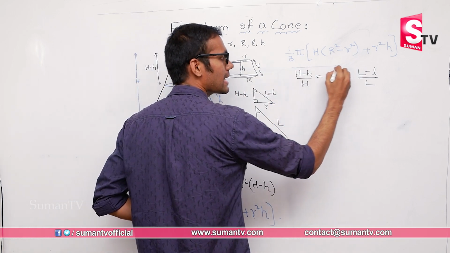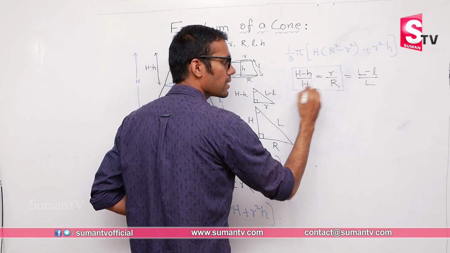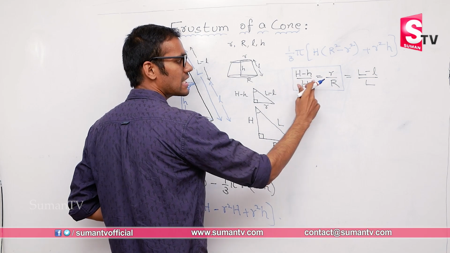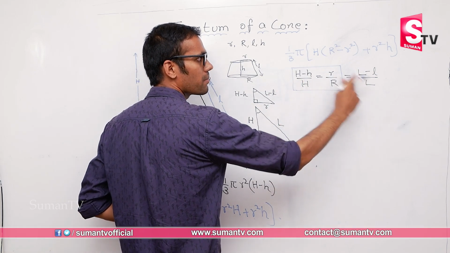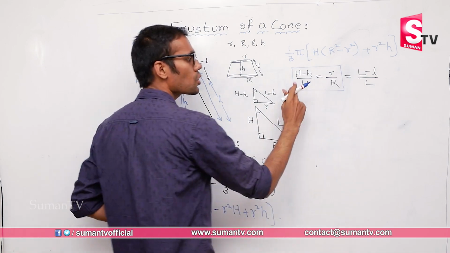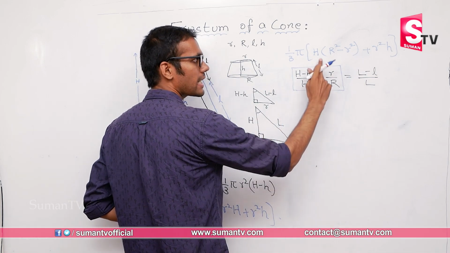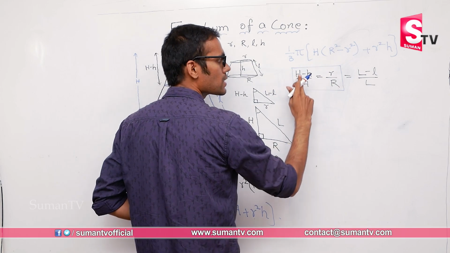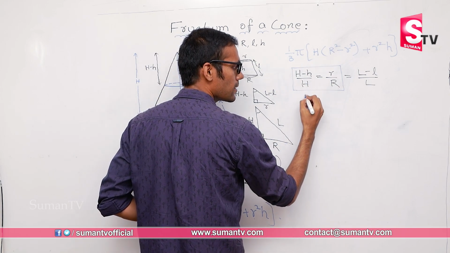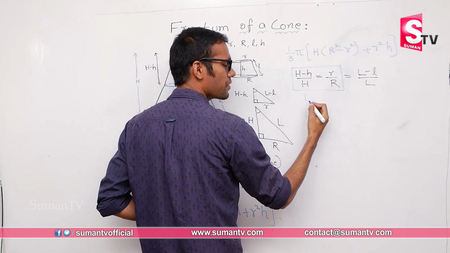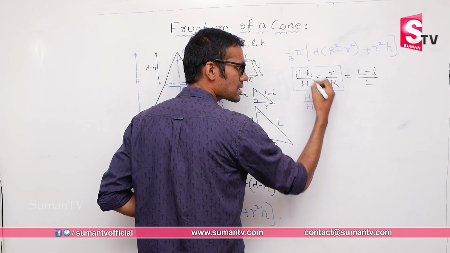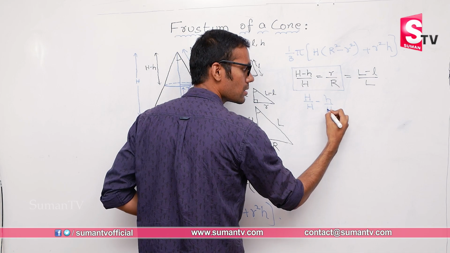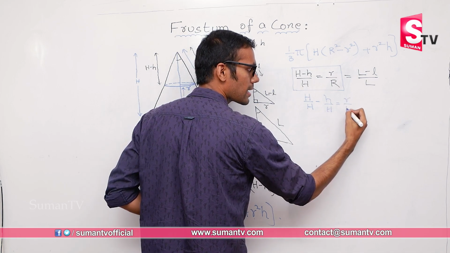If you take capital H minus small h by capital H equals small r by capital R, we don't require capital L because we don't have capital L anywhere. So according to this equation, we'll try to find the value of capital H. If you separate it, capital H by capital H minus small h by capital H is equal to small r by capital R.